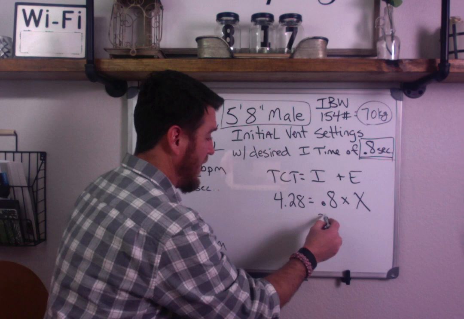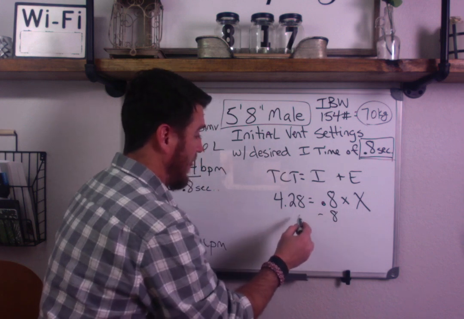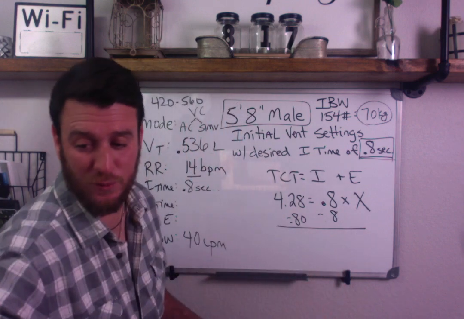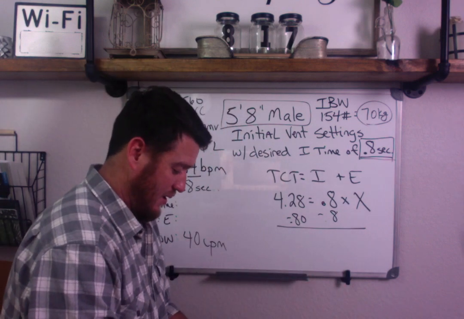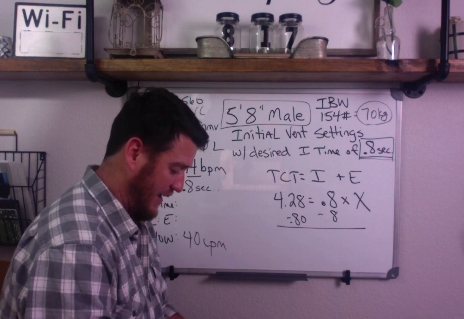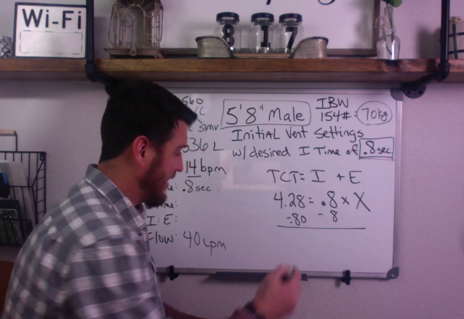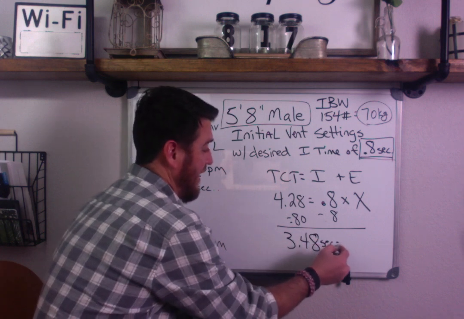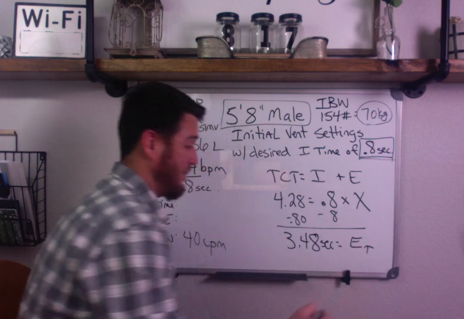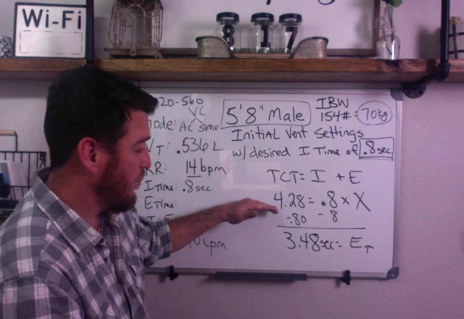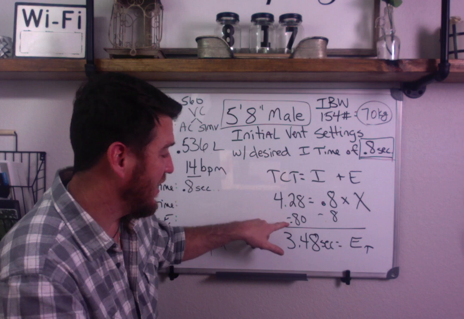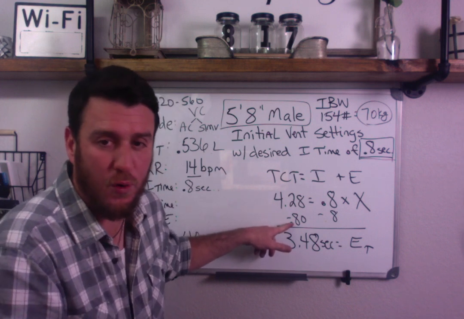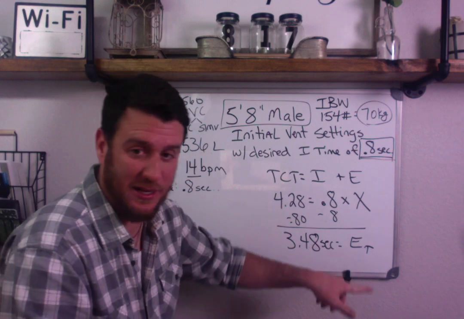You simply take away 0.8 from here and take away 0.80 from here, and what you're left with is 4.28 minus 0.8 gives us 3.48 seconds. And that equals our E time. Because you see, of this 4.28, 0.8 of it is inspiration, which means the other 3.48 seconds must be exhalation.